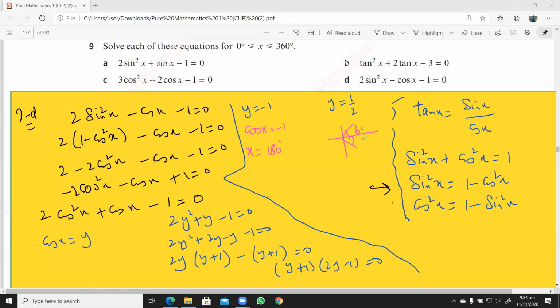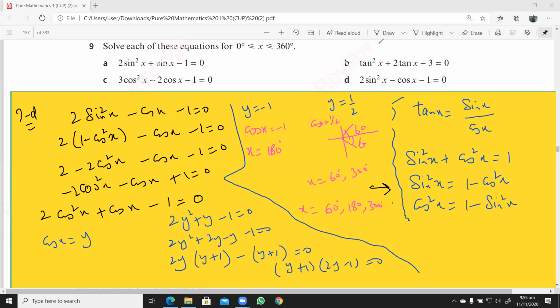And cos x equal to half gives 60. So you have x as 60 and 300 degrees, and then you can write all the answers in order. You have 60, 180 and 300 degrees. Do we have any questions, children? No? So I'm going to stop this video here, and let me show you.